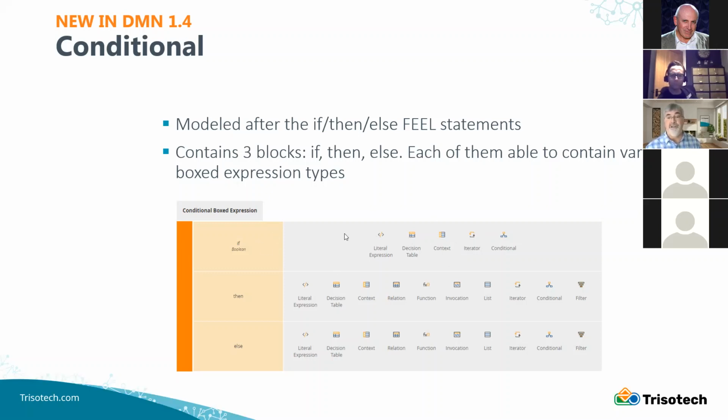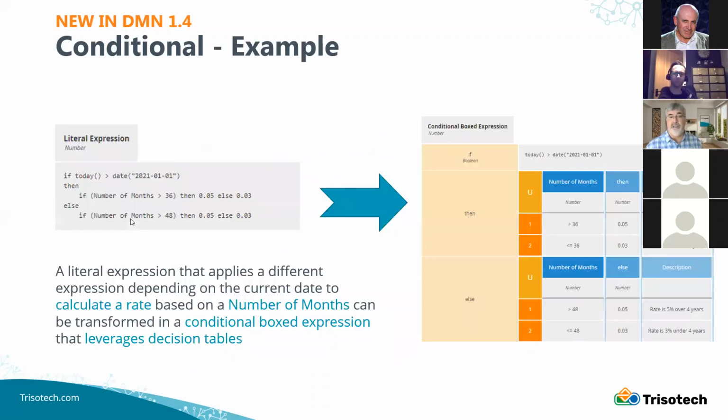Naturally, the if only offers those that will return a Boolean value. And as with anything else in box expressions, such as context, this is embeddable. So you can have other boxes that fit into each of the different boxes. And I'll show more examples next.